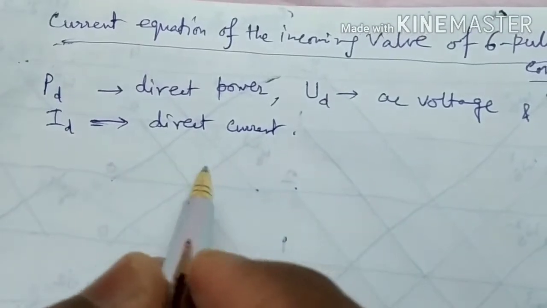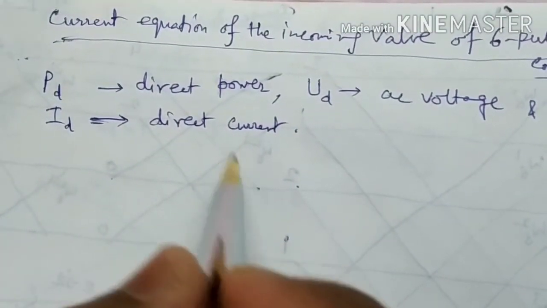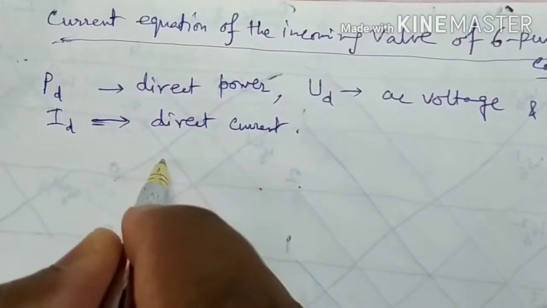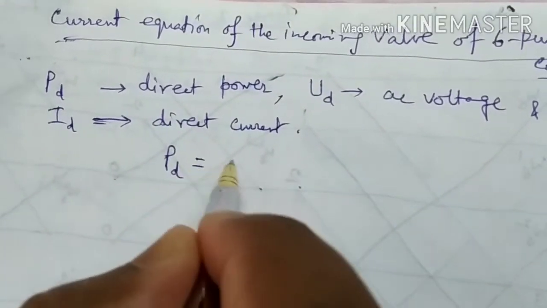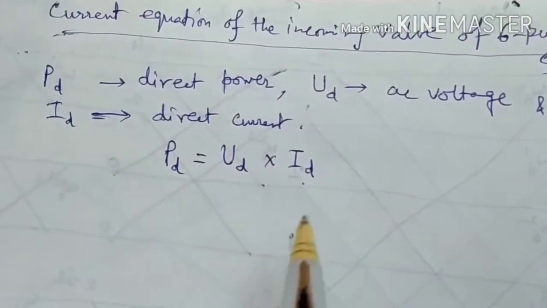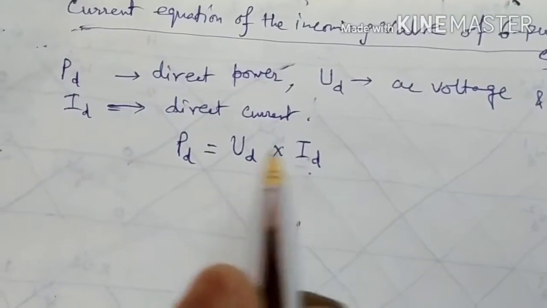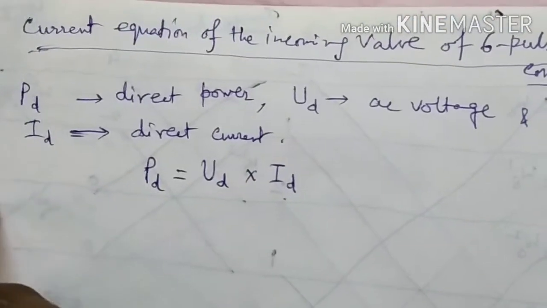Then for the purpose of power control, the equation will be like this: PD equals UD into ID. Power control can be achieved by one of the following three alternatives.